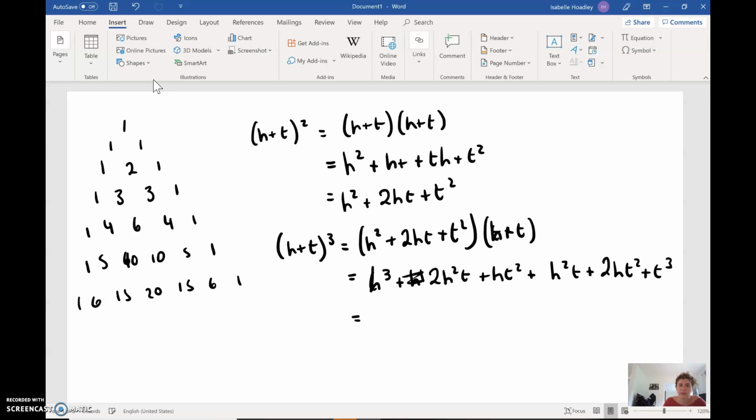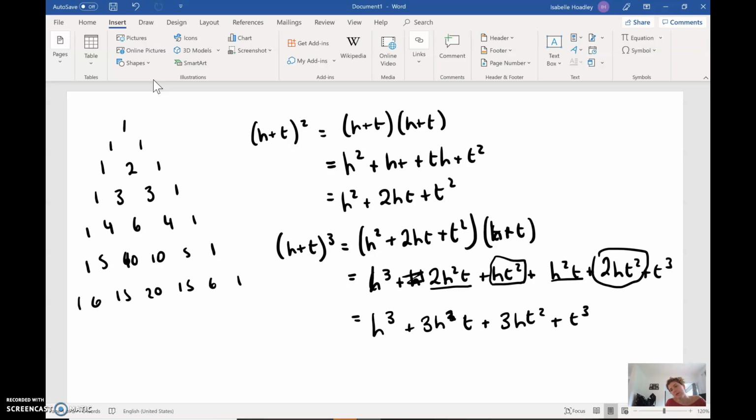Again, you could simplify that because we've got h cubed there, then we've got 2 lots of h squared t and 1 lot of h squared t, so that makes 3. Then you've got h t squared, another 2 lots of h t squared, so that makes 3 h t squared, and then t cubed at the end. Again, 1, 3, 3, 1.